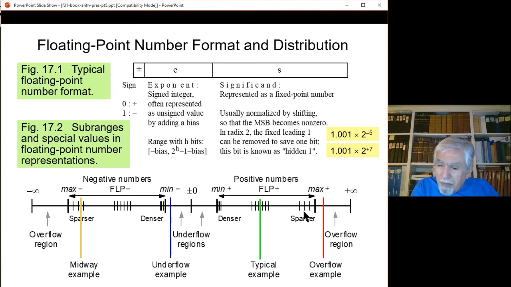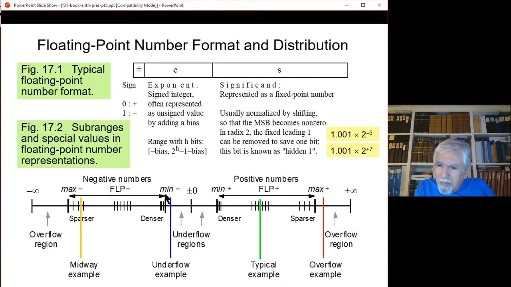This is actually a positive attribute for floating point representation, because as numbers get larger and larger, we don't need as much precision in the representation. So the fact that the tick marks get further from each other is not a drawback. It's actually a plus, because that allows us to represent a wider range.